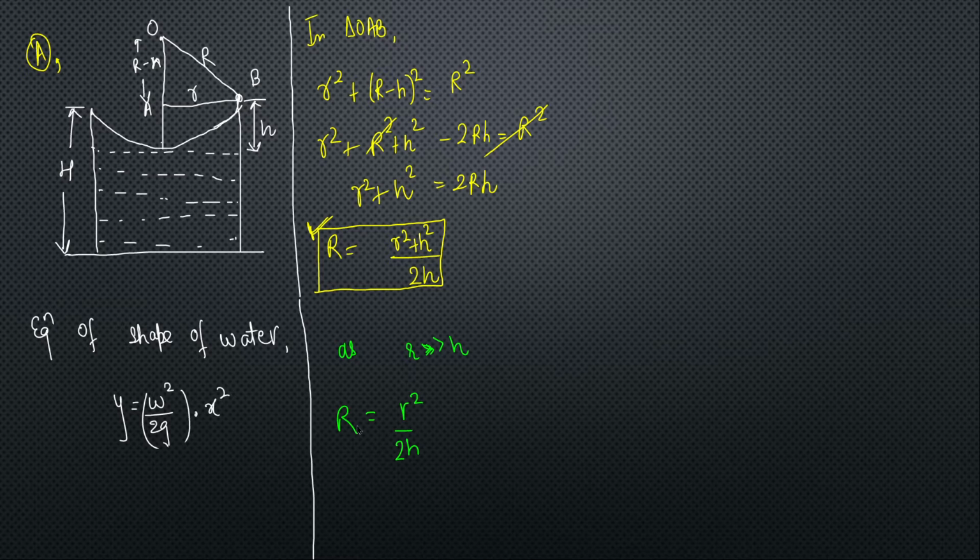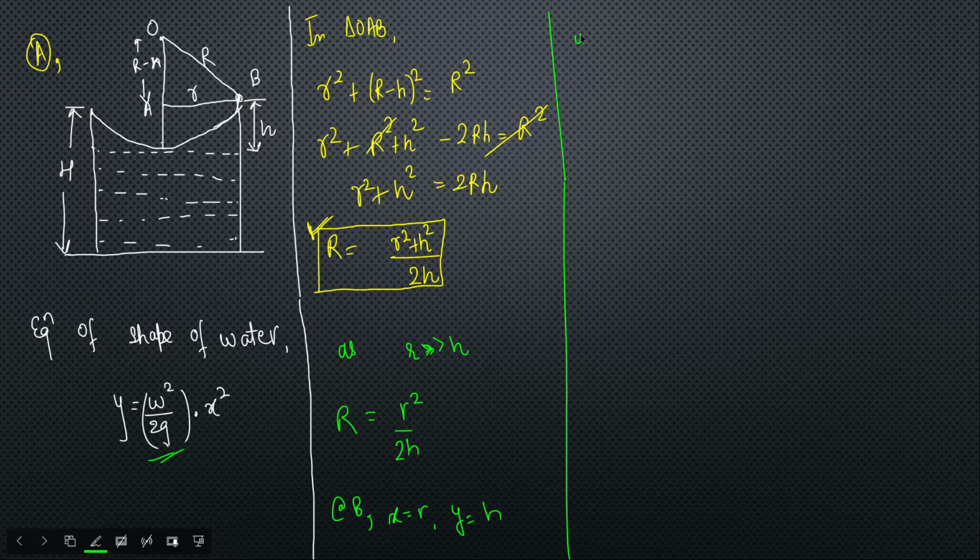At point B, y is h and x is small r. Putting these values in the equation, we get small h equals omega square r square over 2g.